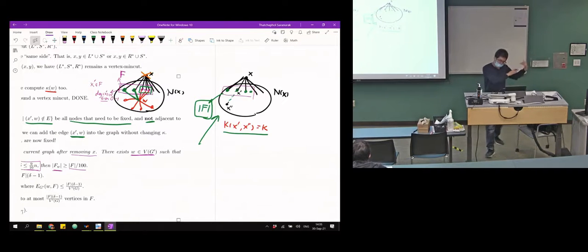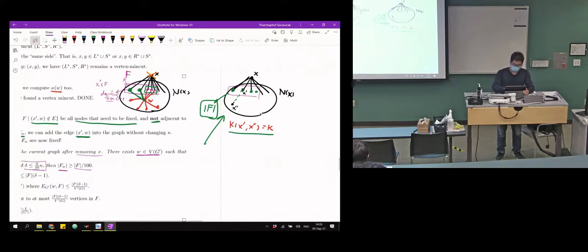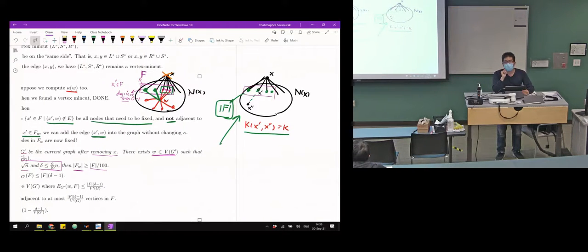At the last step, you return the minimum cut that you have found so far. Okay. So irrespective of whether kappa is there, we just find a non-neighbor and add an edge. Yeah, but we also store the max flow. Yeah, you need to compute max flow too.